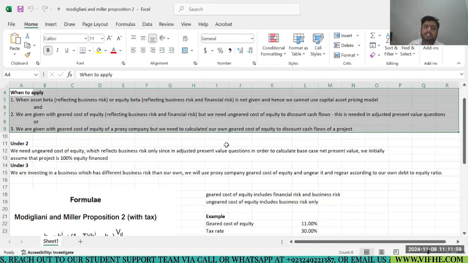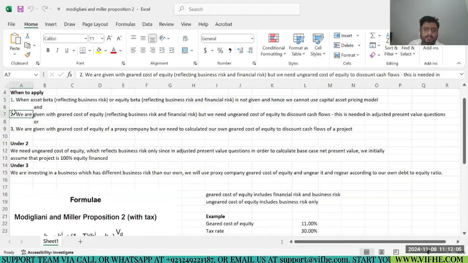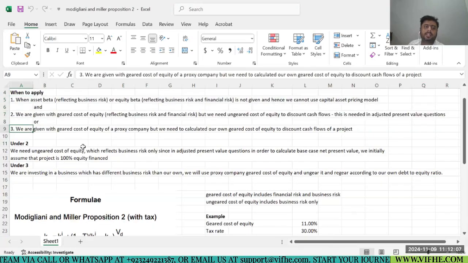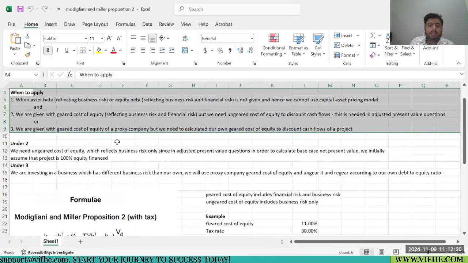Ungeared cost of equity reflects the business risk only. So if conditions 1 and 2 are present, or if conditions 1 and 3 are present, you are going to apply the M&M proposition or M&M formula. Are we clear about when to apply the formula? These are the conditions under which you will apply the formula.